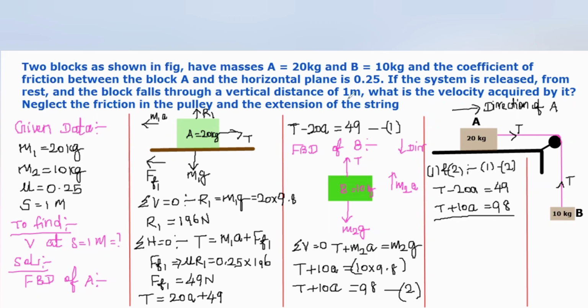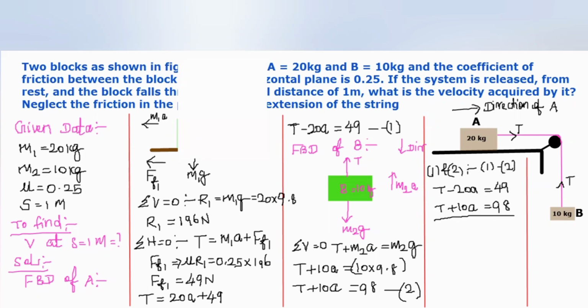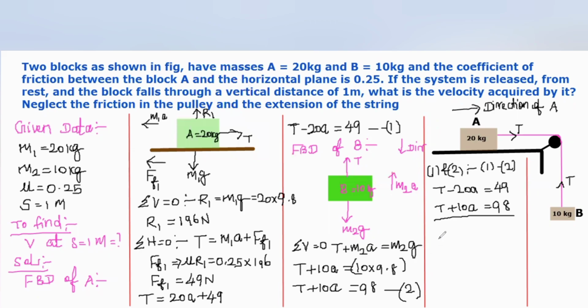So here we will change the signs of equation 2. That means it will become minus T, minus 10A, and minus 98. So plus T and minus T will cancel each other. Then minus 20A minus 10A, that is minus 30A, equals minus 49.